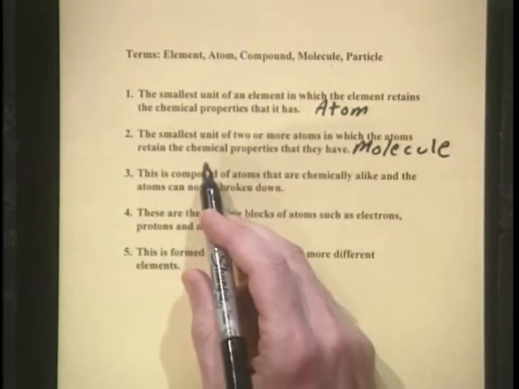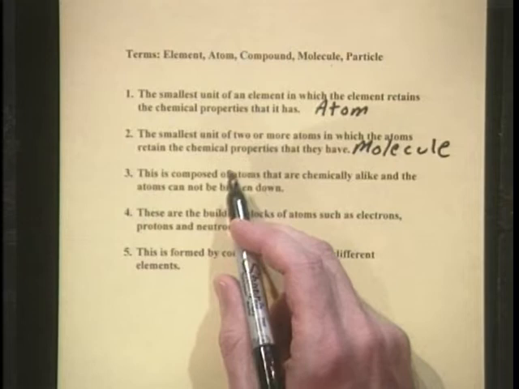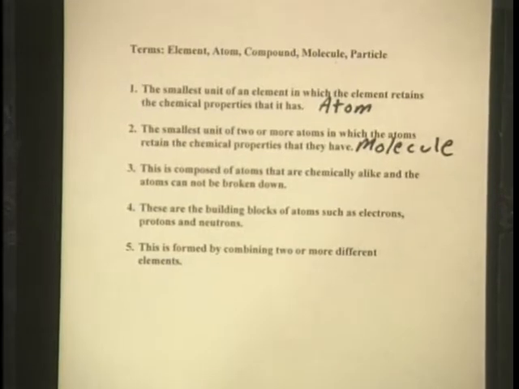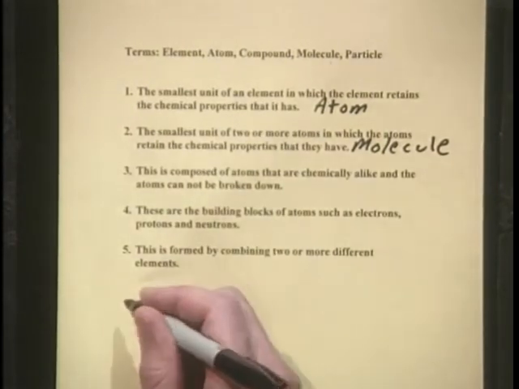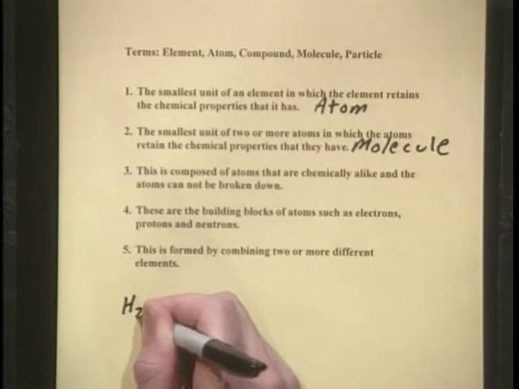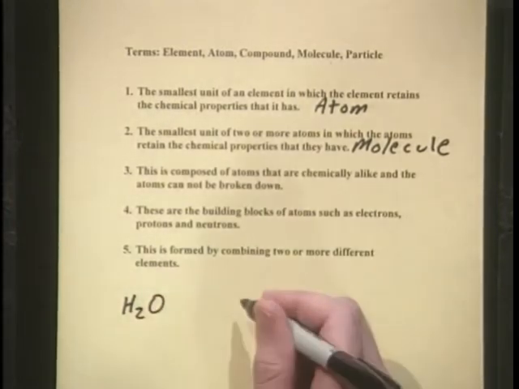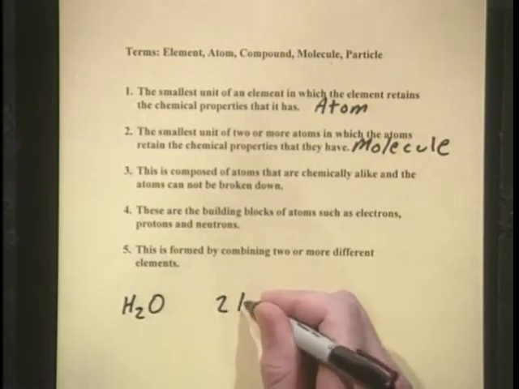Again, that's the smallest unit of 2 or more atoms in which the atoms retain the chemical properties that they have. An example of a molecule is water, which is H2O, which is found by combining 2 parts of hydrogen.